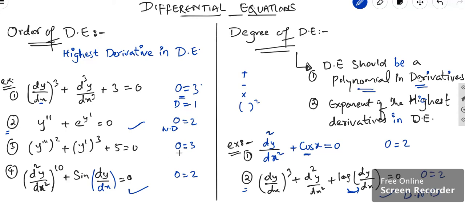Whereas in this one, the order was 3 and its power is 2, therefore the degree is 2. I have tick marked this earlier because the trigonometric function is with the derivative, so the degree is not defined. And for this one, the order was 2, its exponent was 1, so the degree is going to be 1. That's how simply you can work out the order and degree.